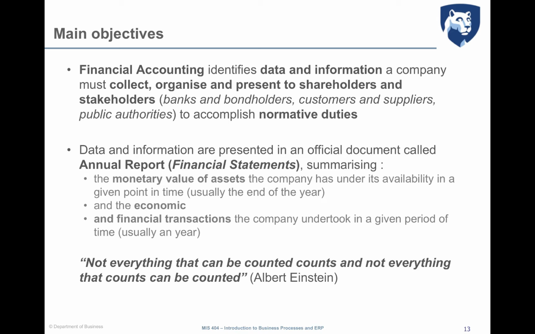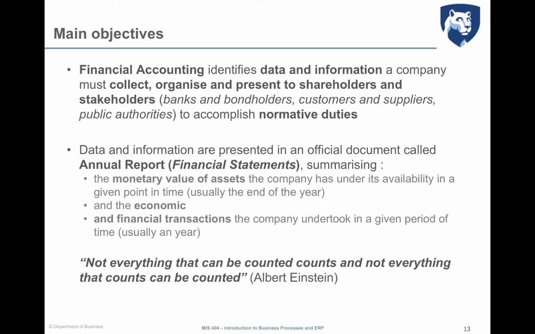And that's why companies are required to publish financial accounting, because by publishing financial accounting, they are able to provide in a public way data for their shareholders and stakeholders, and so accomplish their normative duties.